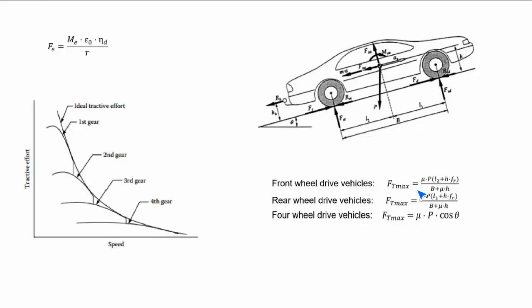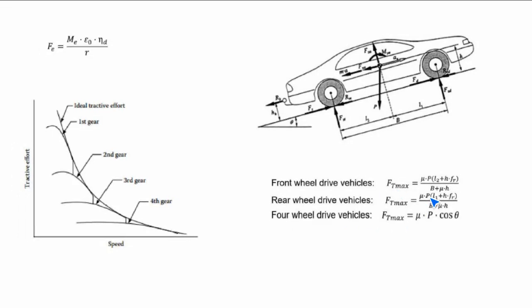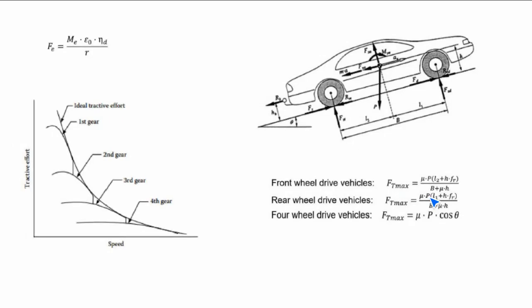For tire force, you need to know that front wheel drive, rear wheel drive, and four wheel drive vehicles have different maximum traction effort. For example, if you design an electric vehicle using hub motors, the hub motors are mounted independently on four wheels, and you will use this equation.